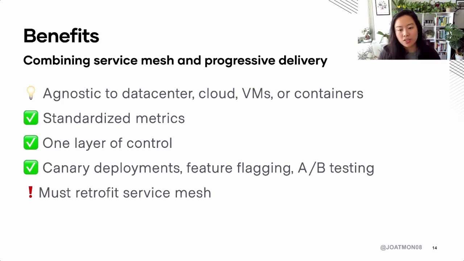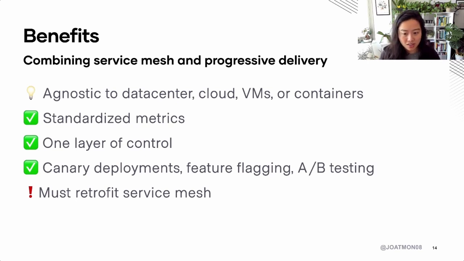You have to retrofit the service mesh into older environments. So if you're doing a cloud migration, it's okay to go in and maybe add the service mesh into a newer environment. But in an older environment, you have to take the time and effort to retrofit the service mesh into the applications. And this may or may not be completely possible. I will say it is worth the effort, especially if you do this over 5 or 6 years.